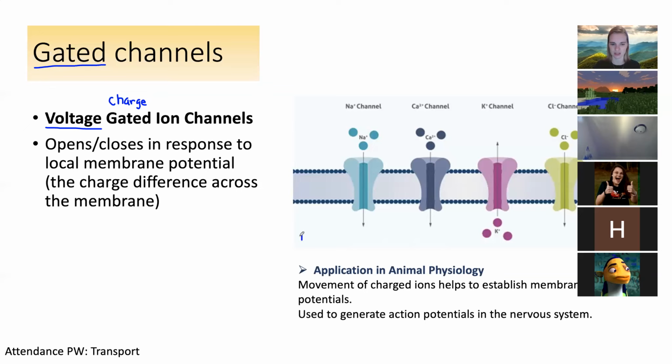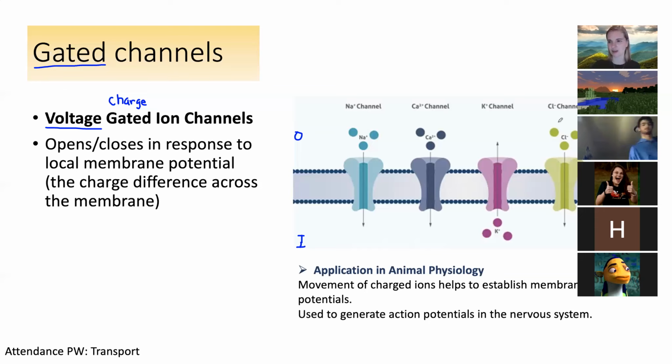So I guess this is the inside usually, and this is the outside. There is an electrical potential, a difference in charge between the outside and the inside, and that difference is what can open up some of these ion channels.